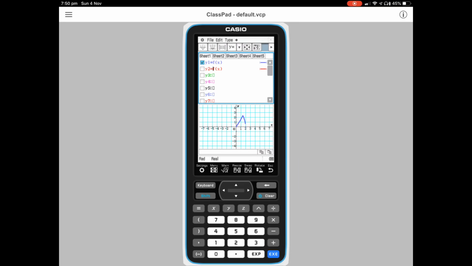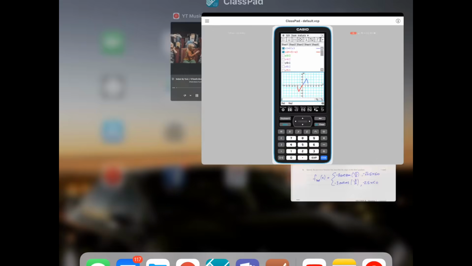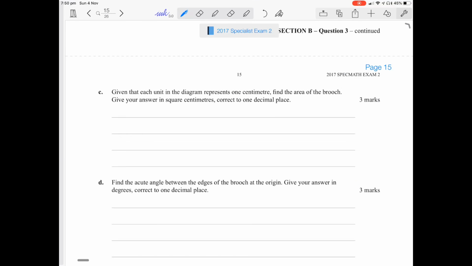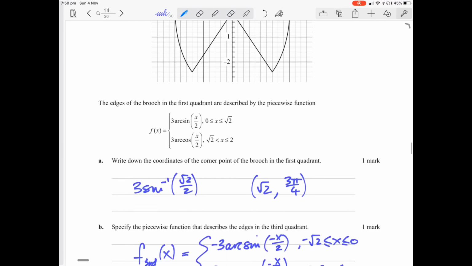Okay, so then let's do negative f of negative x, which is what we just did. Sketch it. Beautiful. Okay, given that each unit of the diagram, find the area of the brooch, give your answer in square centimeters, correct to 1 decimal place.